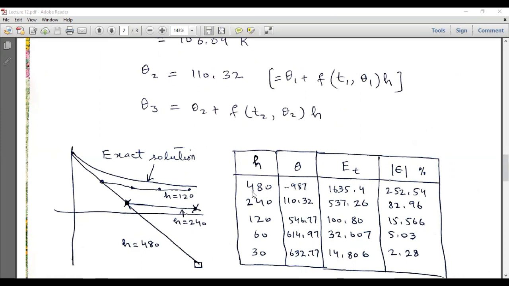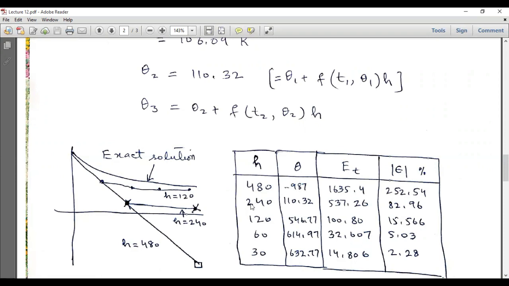So for a step size of 480, this is our theta value, which is minus 987, and our error is equal to 1635.4, and our percentage error is 252.54%. Now we will evaluate all these values of theta for decreasing step size.